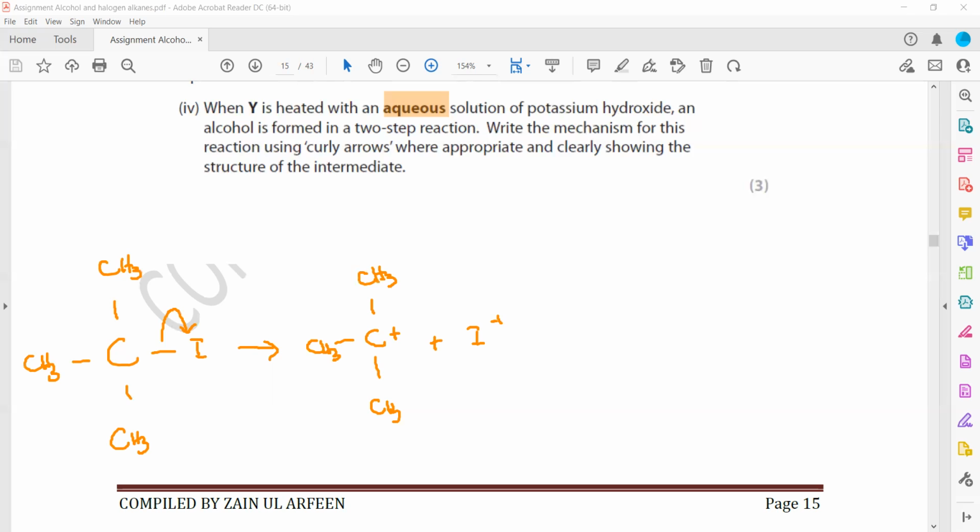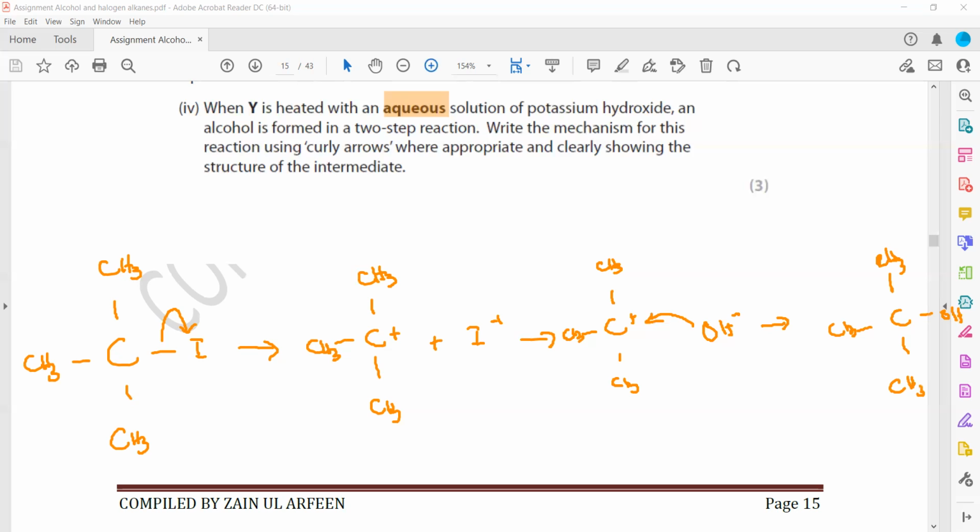And then the halogenoalkane is attacked by the nucleophile, OH-, which will attack the carbon, and that will result in the formation of 2-methylpropan-2-ol.